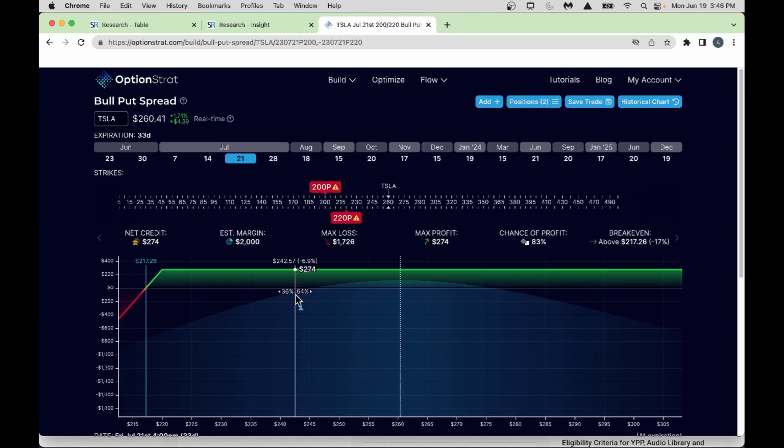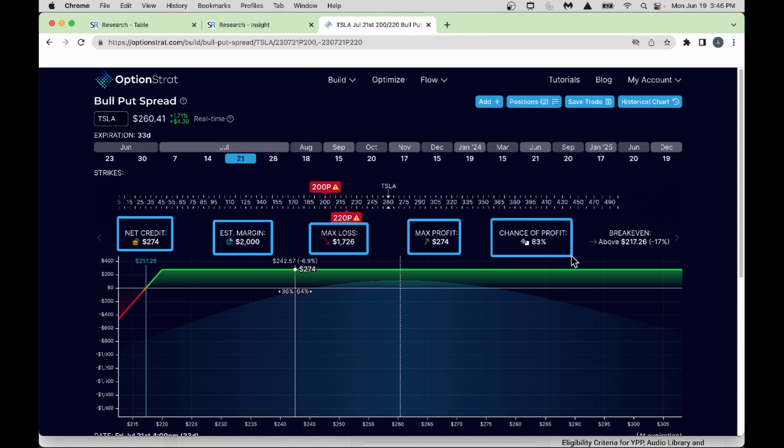Looks nice, $274 credit here, and your estimated margin is 2000 minus 274, max loss is 1726, and we got max profit 274, and chance of profit is 83%, which is great.